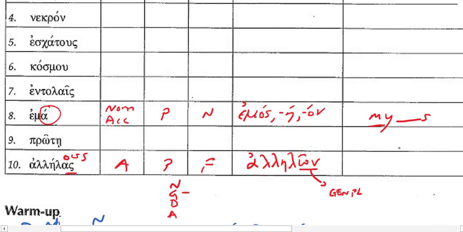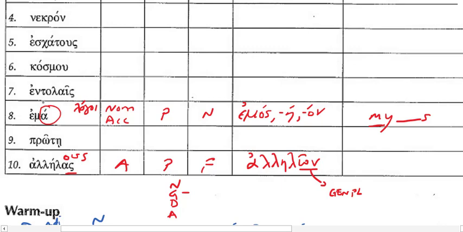All right? So if I were talking about my logoi, which are words, you'd have to look at what case, gender, number logoi is. What is it? Nominative, plural, masculine, right? So what form of emos would I use? Well, the nominative, plural, masculine, right?